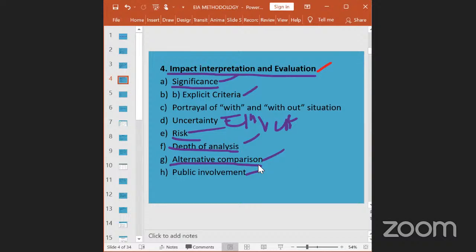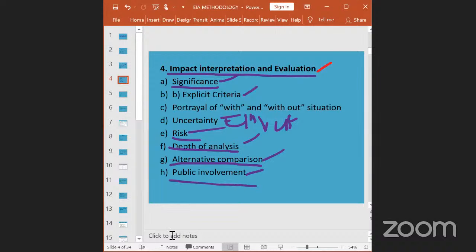It should provide a sufficiently detailed and complete comparison of the various alternatives readily available for the project under the study. And last one is public involvement.